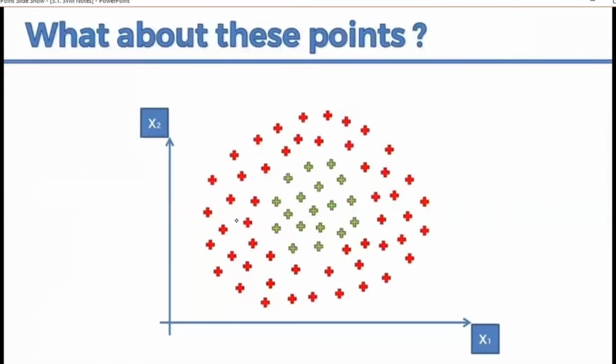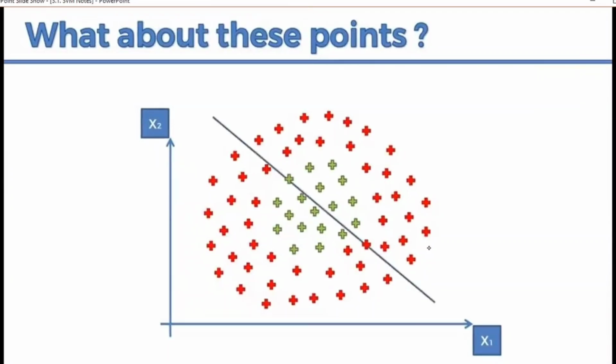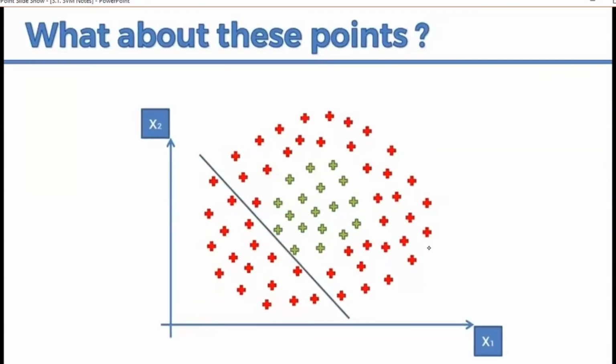Is that clear? Now, sir, there is data like this, a scatter plot. If you apply a linear classifier, a line like this, it does not classify 100%. If you apply a line like this, no. If you apply at least a line like this, one side is full of red, but the other side has red and green both. Then how?